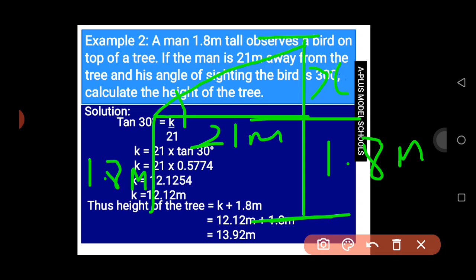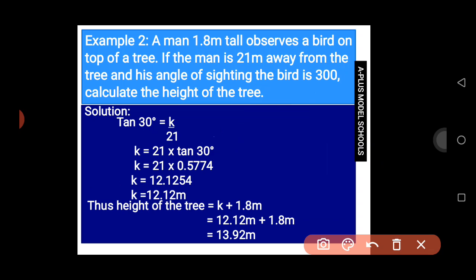Now, this is my opposite, which is x. This is my hypotenuse, because this is a right angle, then this is my adjacent. So I have opposite and adjacent, and when you look at your trig ratio, the one having opposite and adjacent is tan, which is tangent. So here I'm using tangent.